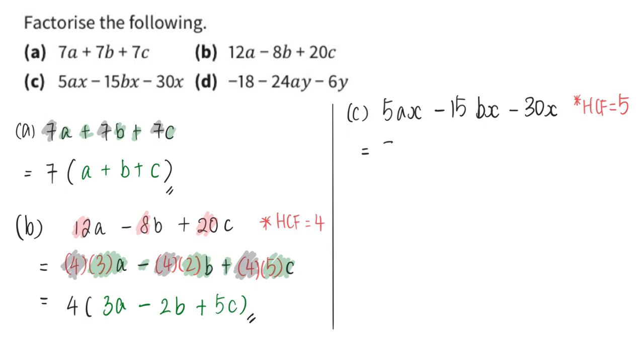So this is still 5ax, and you can see that my 15, I can write it as 5 times 3bx. My 30, I can rewrite it as 5 times 6x, so that my common factor is 5.